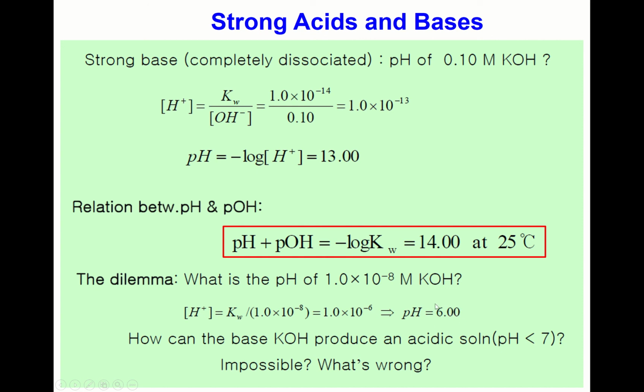Wow, it's absurd. The KOH solution making the whole solution acidic is absurd. It is impossible. How can the base KOH produce an acidic solution less than 7? We have to identify what is wrong.